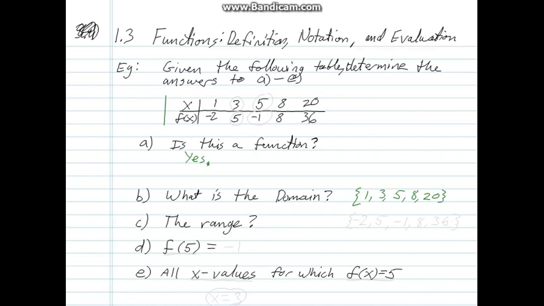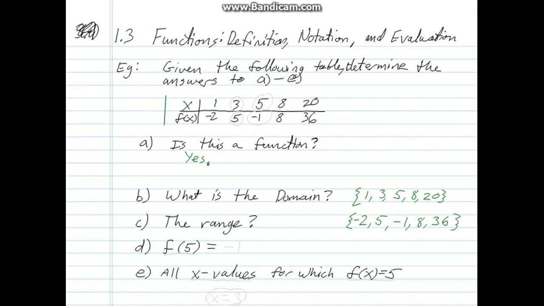Now these are the only 5 inputs that I know anything about, and as far as I know, this function can only digest those 5 numbers. Similarly, if those are the only 5 numbers that this function can take in, then the only 5 numbers that I know it can produce as outputs are the numbers in the second row, negative 2, 5, negative 1, 8, and 36. So that would be our domain and range taken care of.